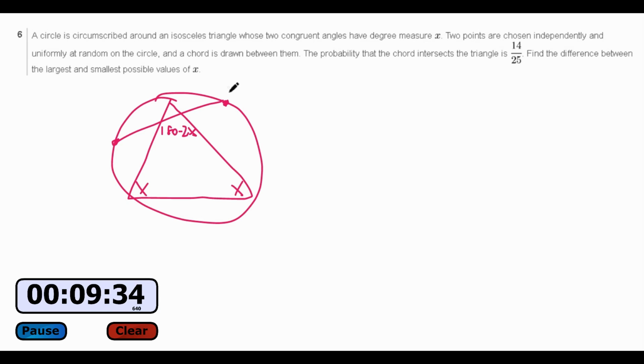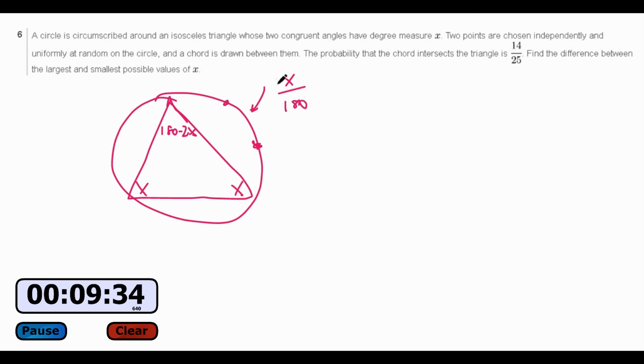Well, instead of counting the probability that the chord intersects the triangle, let's try to find the probability the chord doesn't intersect the triangle, because that seems a little bit easier. In order for the chord to not intersect the triangle, both points have to lie strictly within a single arc of this triangle, right? Since the points are uniformly chosen, the probability that the point is chosen in this arc is just going to be x over 180, right?